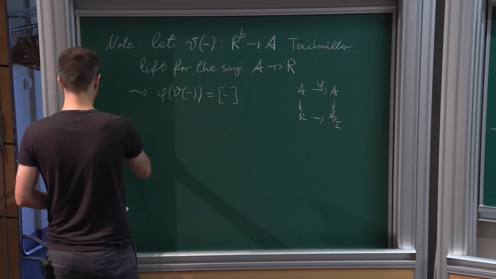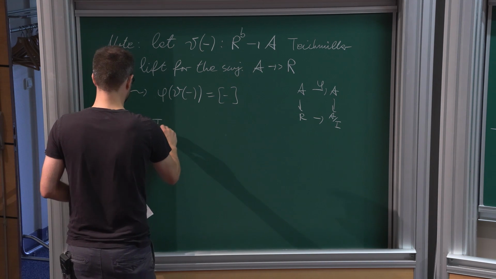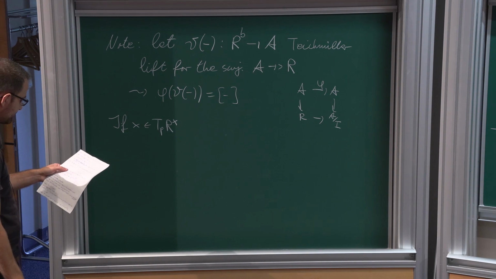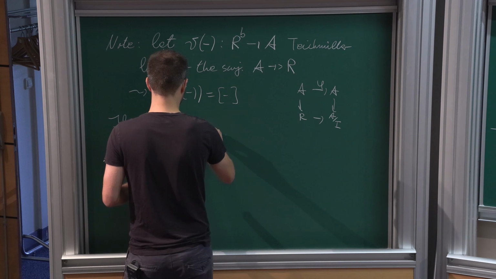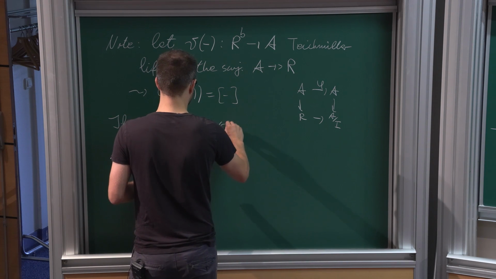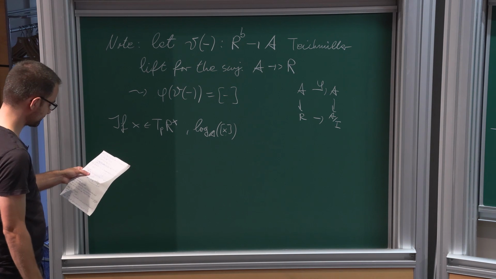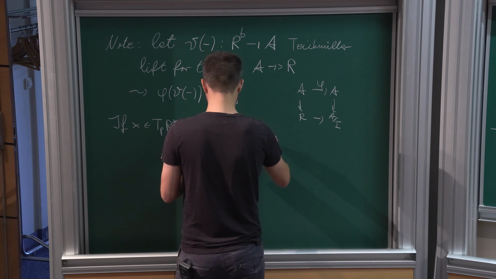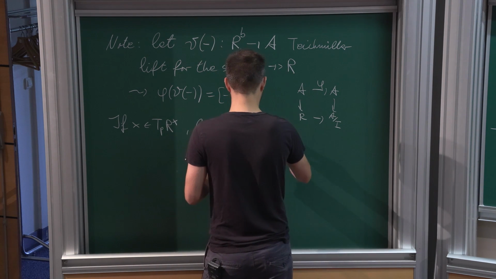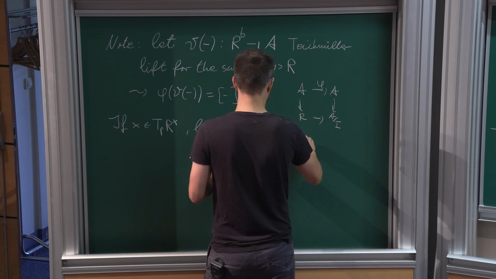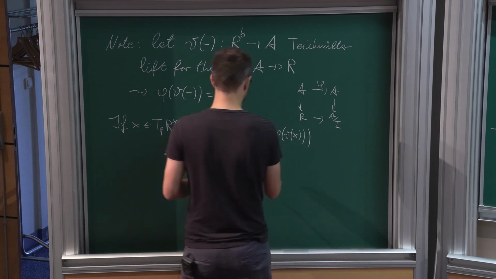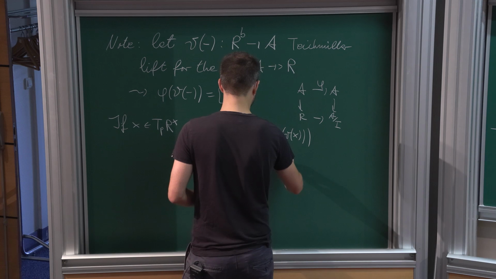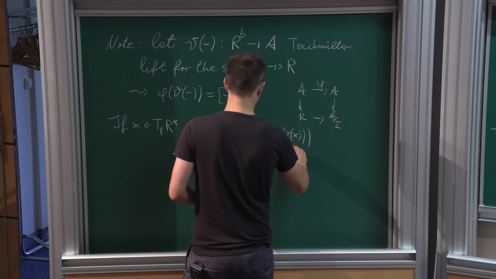And so now if X lies in the p-adic module of the units of R, then one can see that the logarithm of the Teichmüller of X is equal to the logarithm of phi of nu of X. And so that's equal, because these elements are of rank 0, to the prismatic logarithm of nu x to the p.